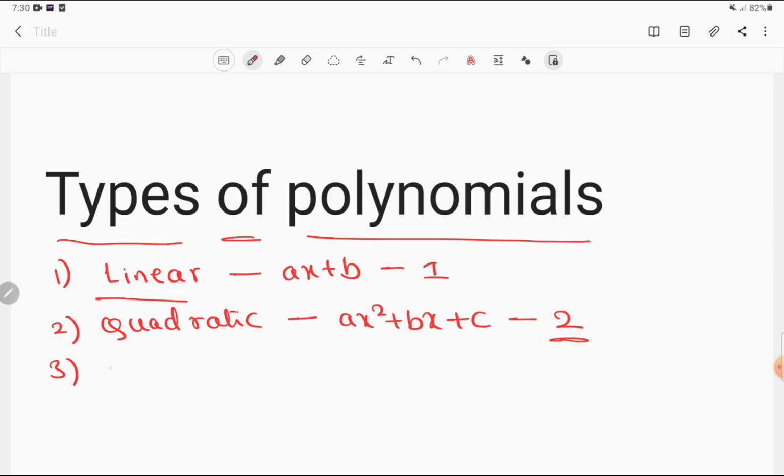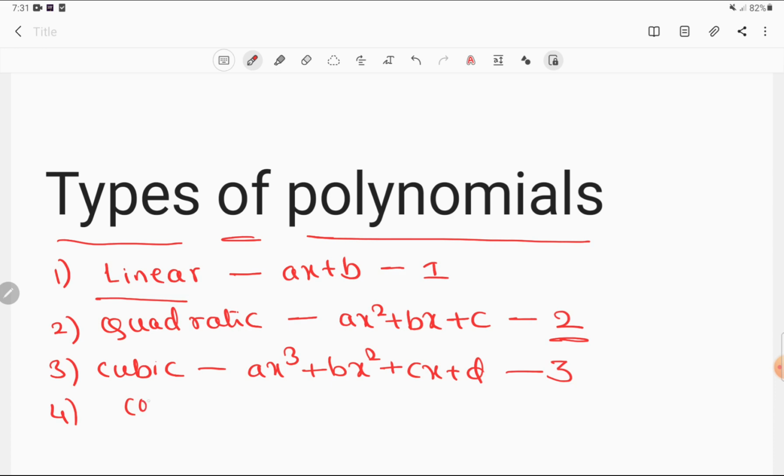Next is cubic. Cubic polynomial means a polynomial that can be written in the form of ax cube plus bx square plus cx plus d. That type of polynomial we call a cubic polynomial. Its highest degree is 3. And the last one is constant polynomial.